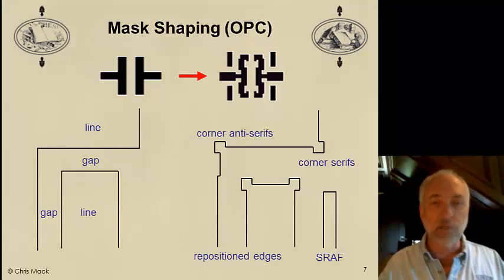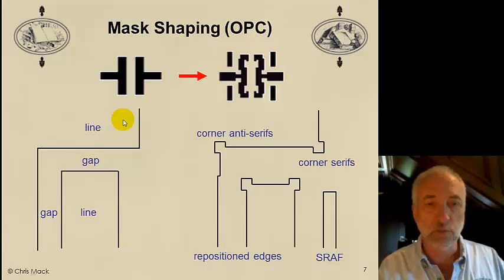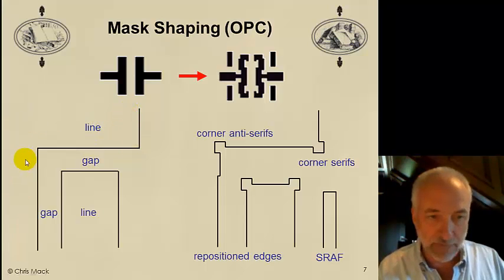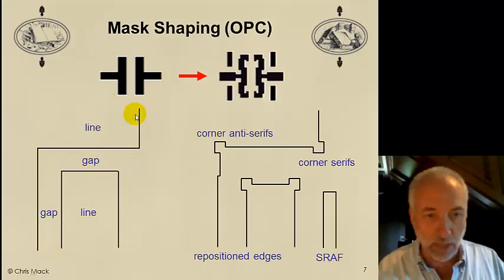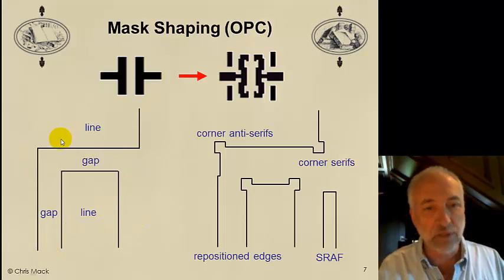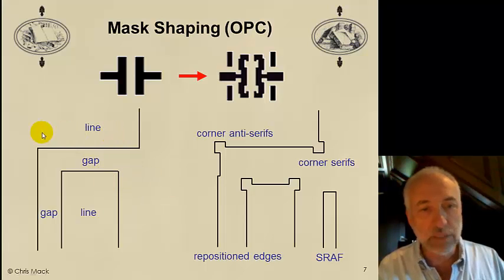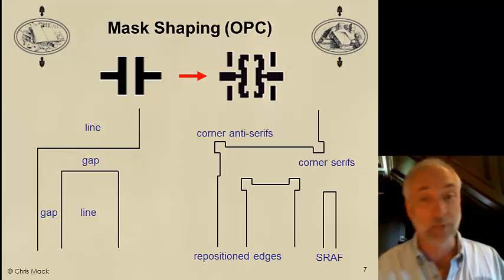The kinds of changes that we make are illustrated here. So suppose I have a line that's kind of an elbow-shaped feature, and then another line here with a couple of gaps or spaces in between. This is what I want to print on the wafer. To get the result that I want, I'm going to distort the mask to compensate for the distortions that happen in the imaging.